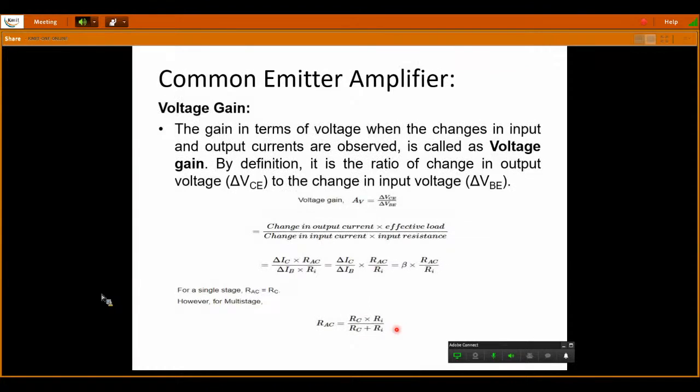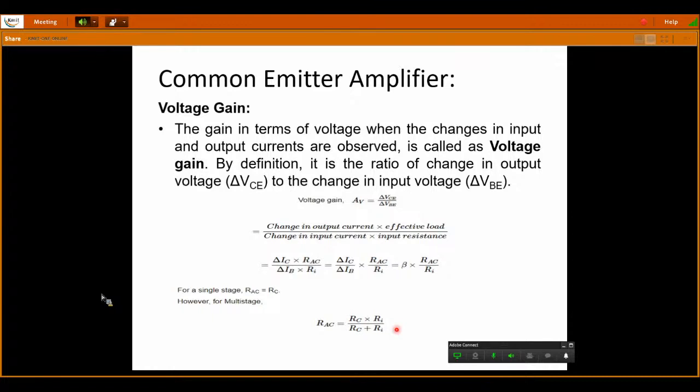Next, voltage gain. To find the voltage gain, we have to find the ratio of the output voltage to the input voltage. The output voltage is VCE, whereas the input voltage is the base to emitter junction voltage.